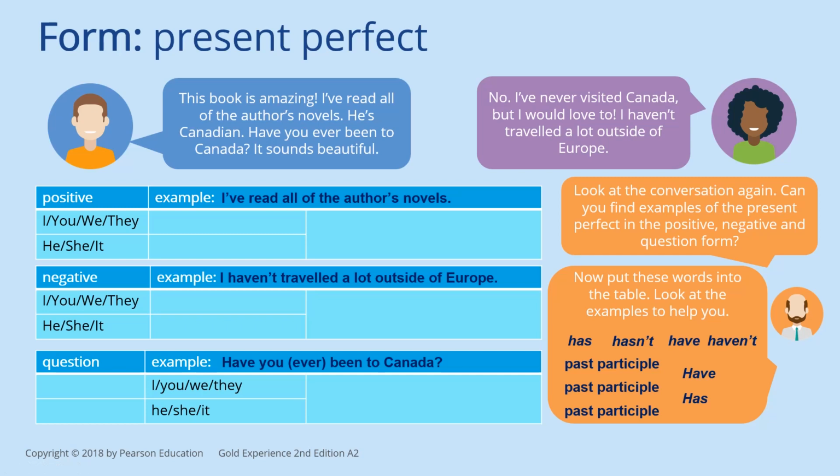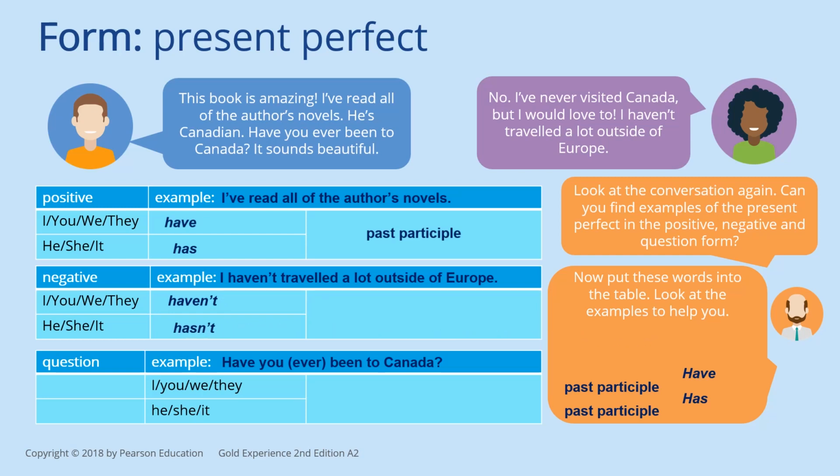We use I, you, we, they with have, and he, she, it with has. And we follow it with a past participle. In the negatives, we use haven't for I, you, we, they, and hasn't for he, she, it.